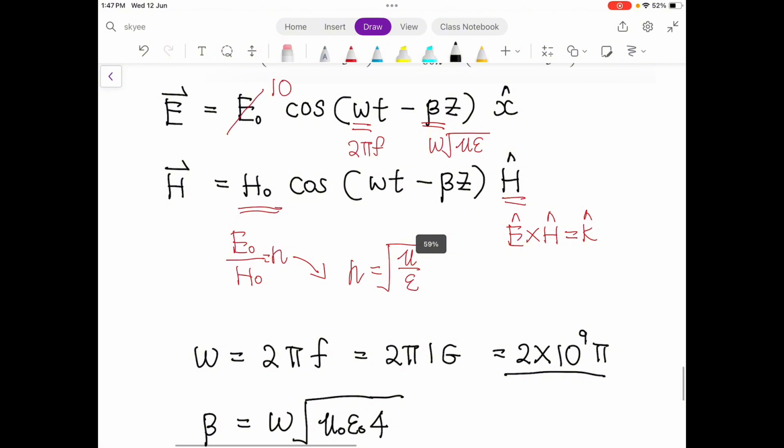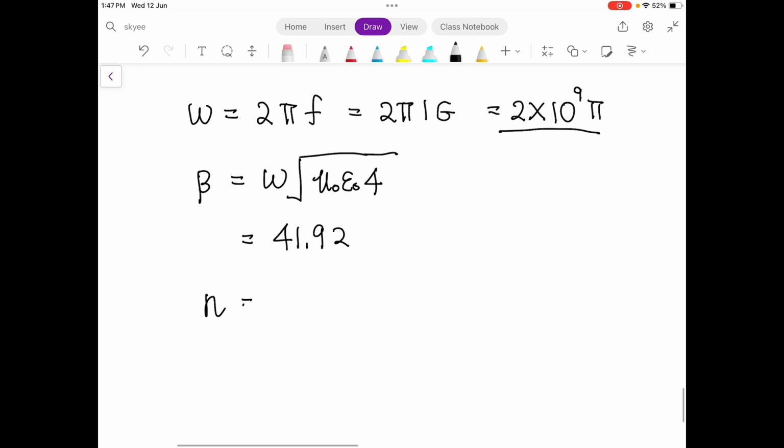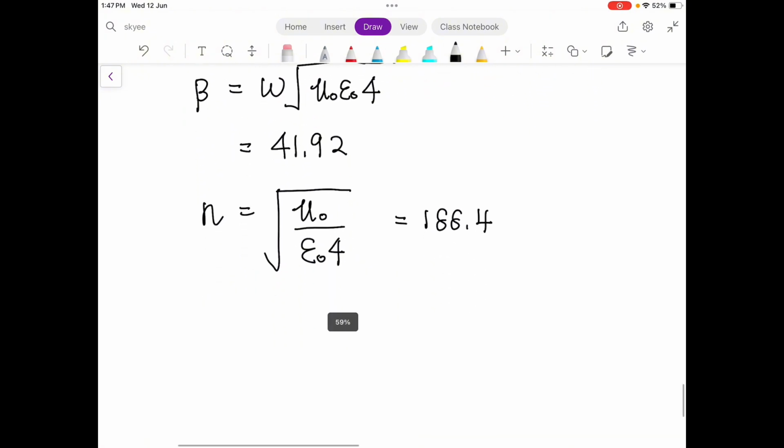Let's find the eta. The eta is equal to the square root of mu naught divided by epsilon naught, with the 4. So it equals 188.4, which is a real number.